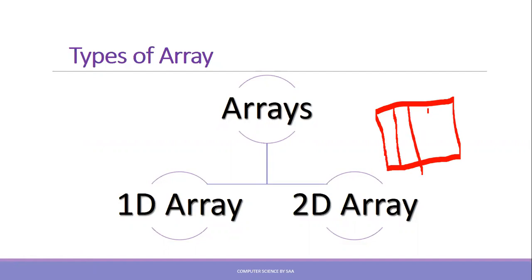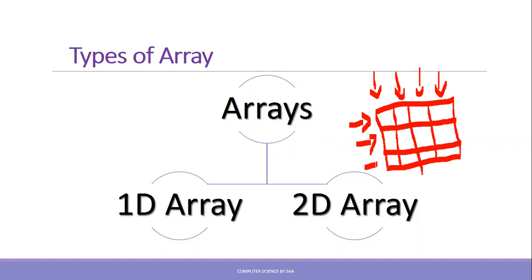This is how a two-dimensional array appears. It has 12 memory locations. It has more than one column. This is column 1, this is column 2, this is column 3, and this is column 4, and these are the rows, row 1, row 2 and row 3.